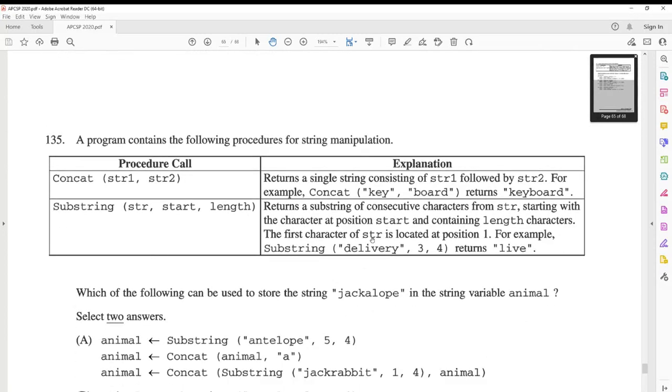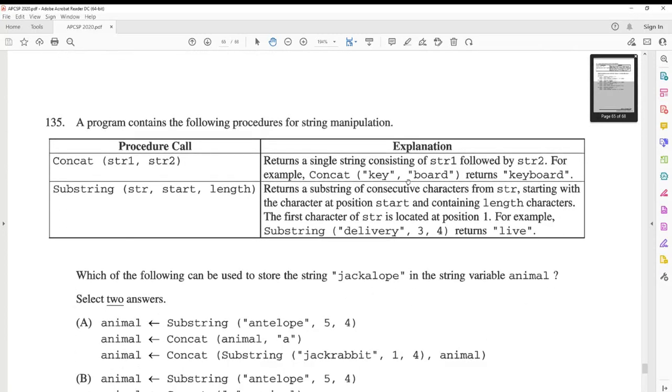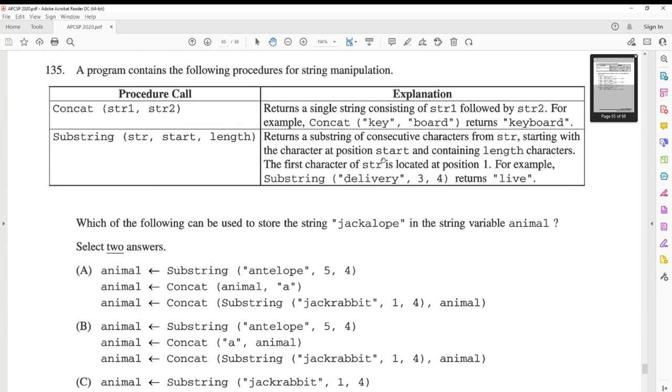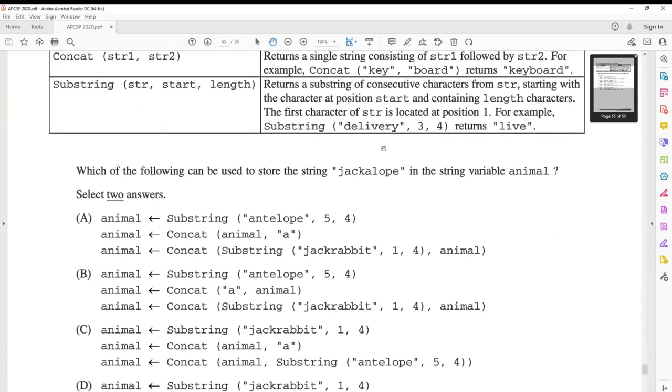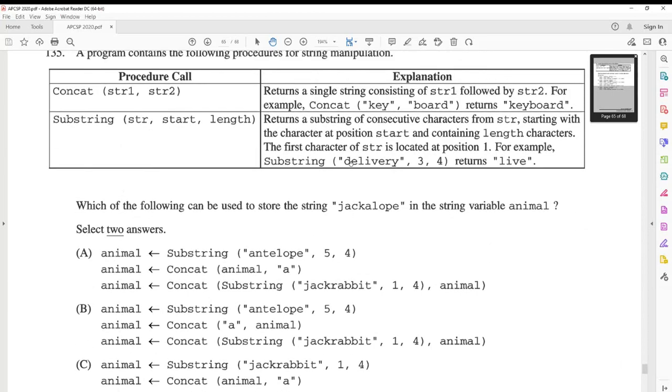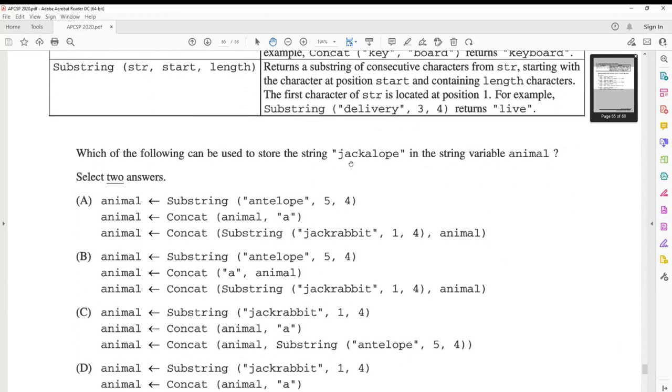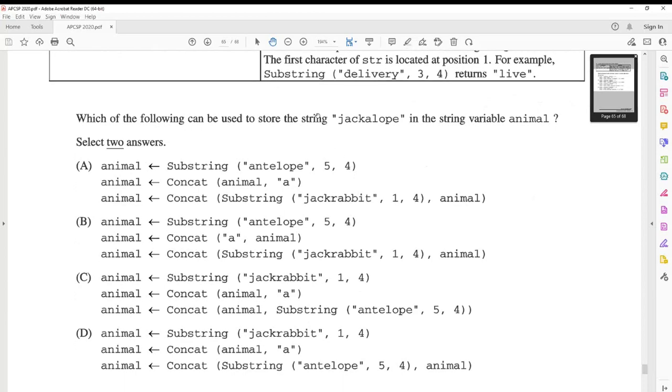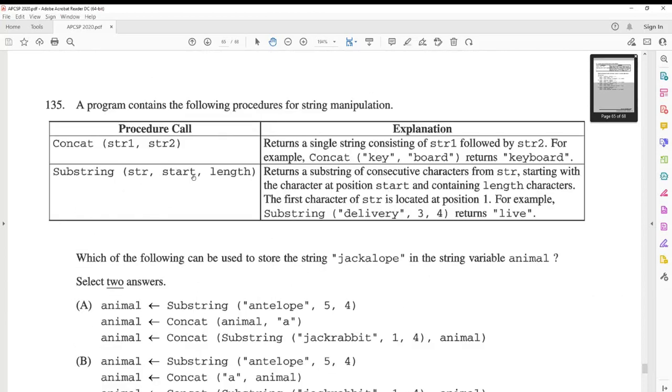135, we have concatenate and substring. We would like to store checker loop. So let's look at checker loop. Substring is the starting position and then length.